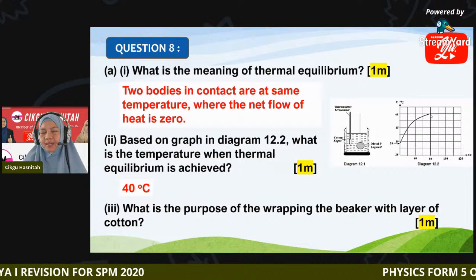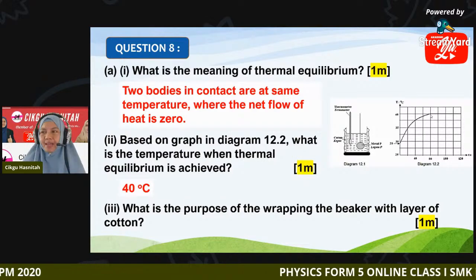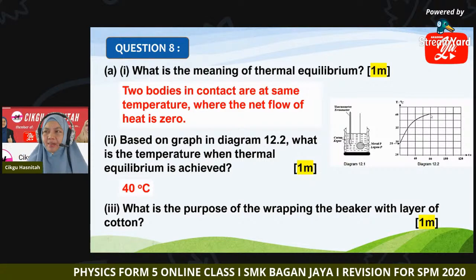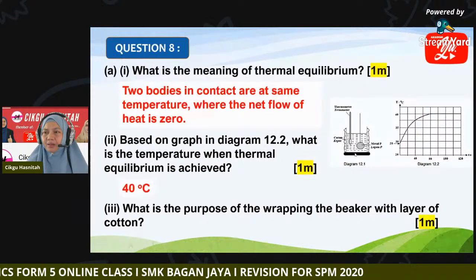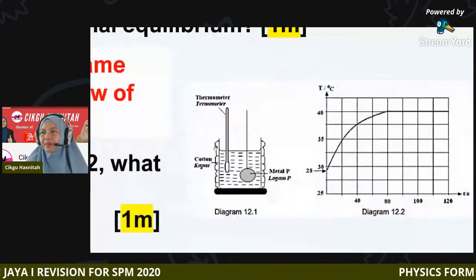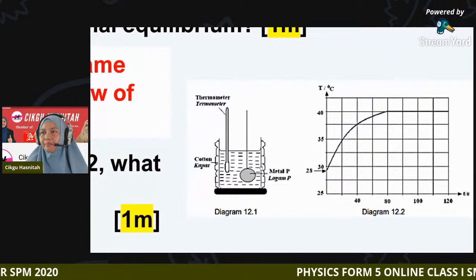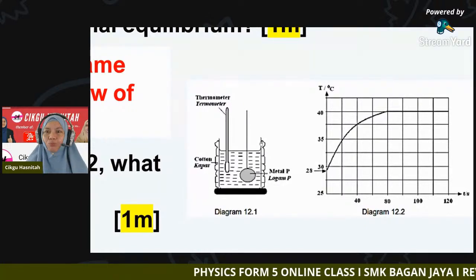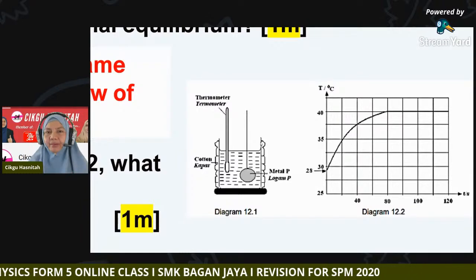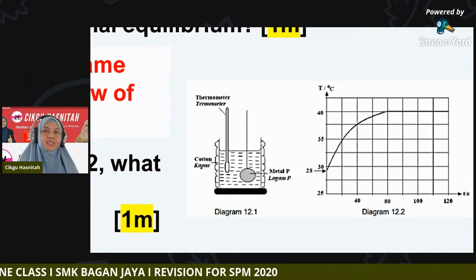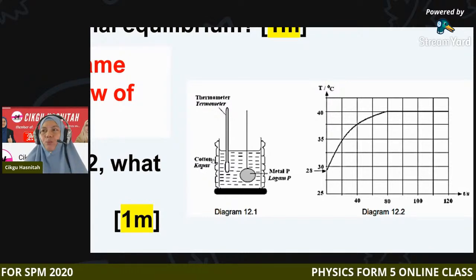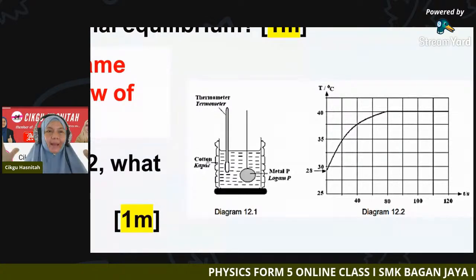What is the purpose of wrapping the beaker with a layer of cotton? Why do we wrap the beaker with cotton? If you zoom in on this diagram, the beaker is surrounded by cotton wool. Yes, it is 40 degrees Celsius. Okay, don't just say 40 degrees Celsius. Now why is this beaker wrapped with cotton wool?